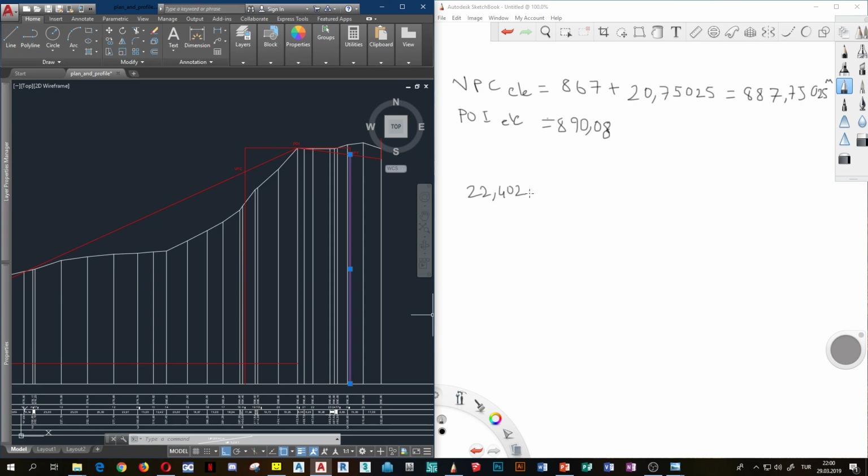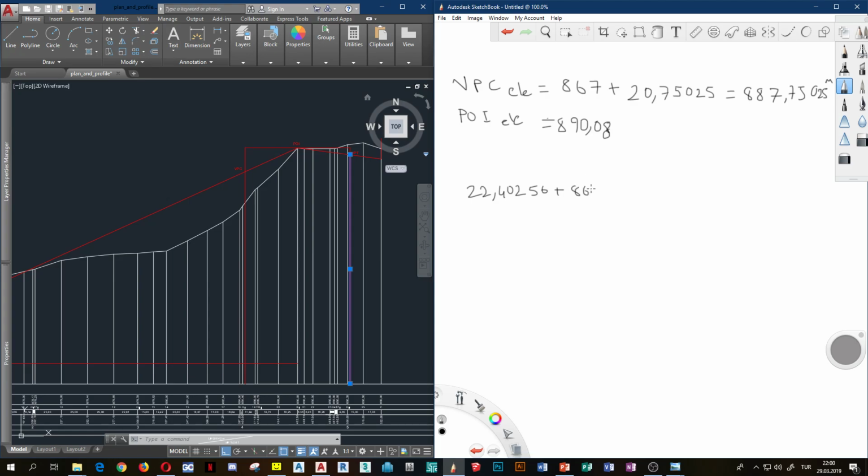Yes. 56.6 plus ground elevation, reference elevation equal VPT elevation is equal, yes, plus meters. Yes, we know all required elevations according to our vertical curve.